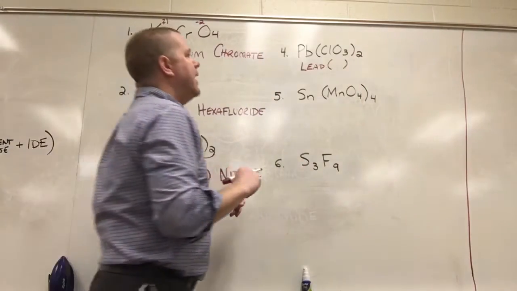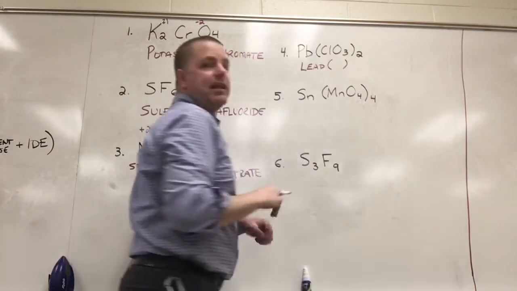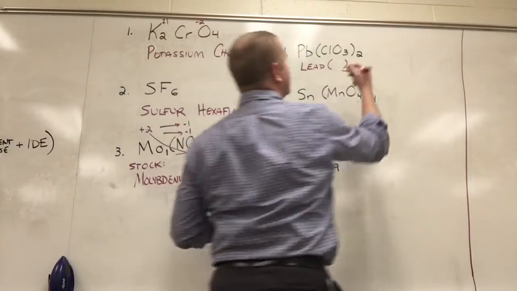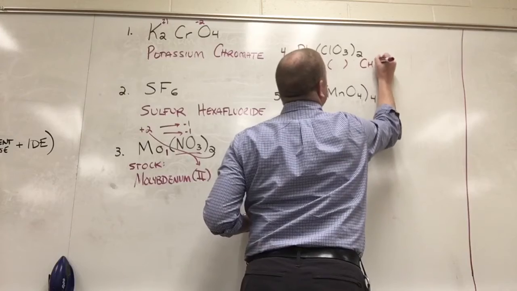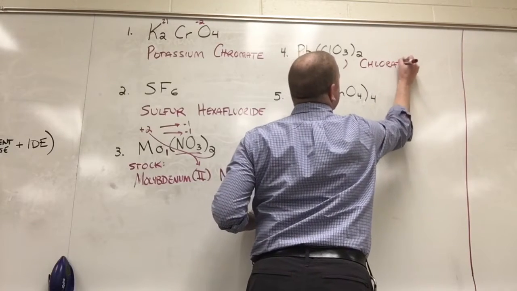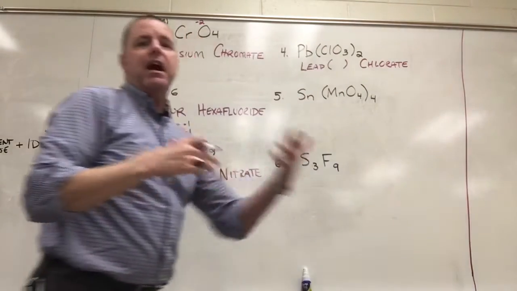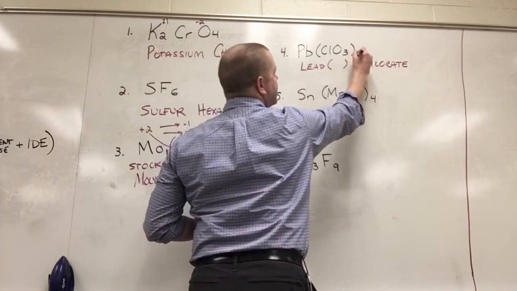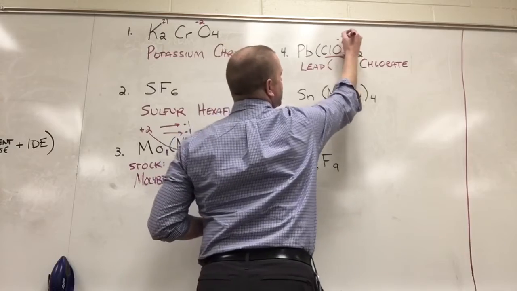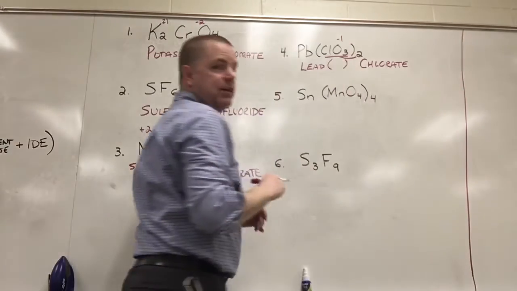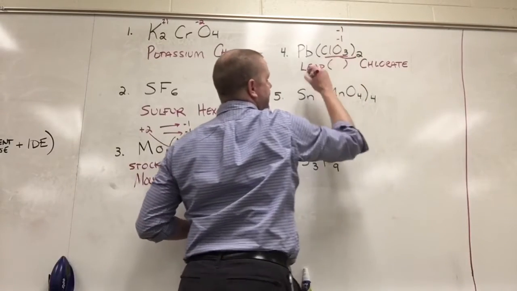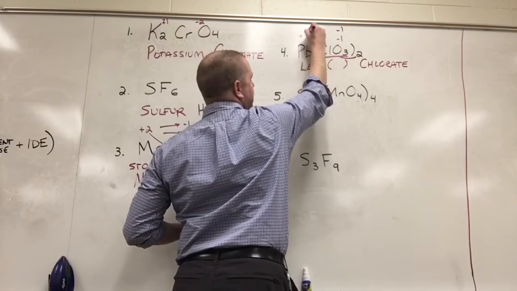And then from there, ClO3, is that a polyatomic anion? Yes, therefore we give its name. ClO3 is chlorate. All right, now we got to figure out what the charge is that belongs in the parentheses. Well, we have 2 ClO3s, so just like on the last one, chlorate is -1, okay? We have 2 of them, so it's a -1 and -1. Therefore, my 1 lead must be the +2 version.